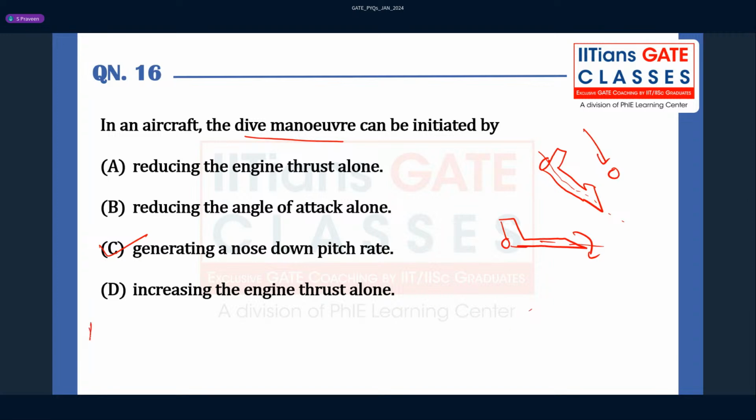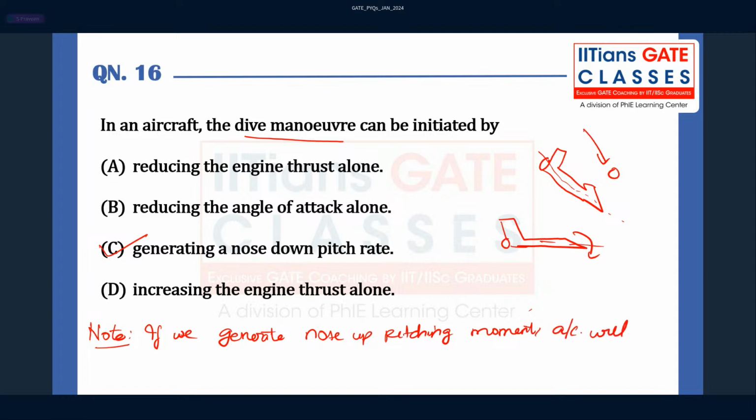You can write that down as a note. Okay, this is what you have to remember. Hope you guys don't have any doubts.